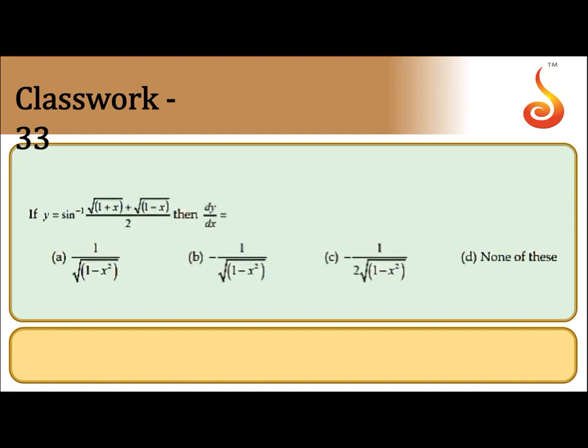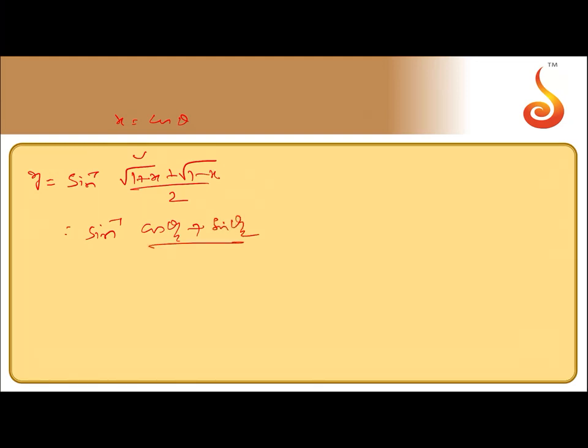Coming to the next one, sine inverse of root of 1 plus x plus root of 1 minus x by 2. Let me take y equal to sine inverse of root of 1 plus x minus root of 1 minus x divided by 2. Why don't you substitute x equals cos theta? That is nothing but 2 sine square theta by 2. So therefore it is cos theta by 2 plus sine theta by 2, and of course root 2 gets cancelled by root 2.